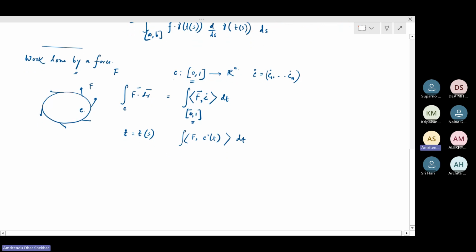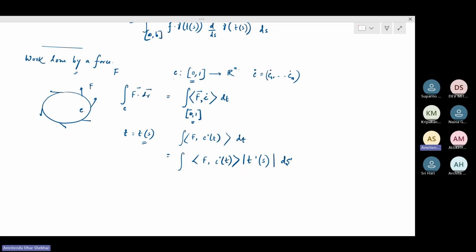If I use a different parameterization, I have the integral of f comma c dash t times mod of t dash s ds.